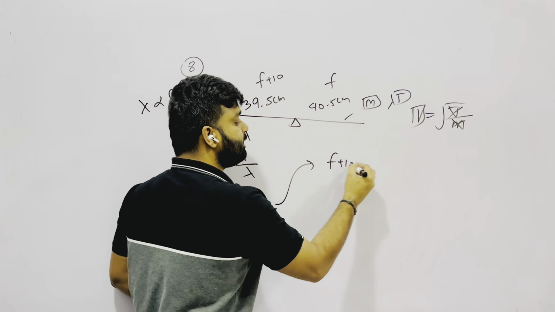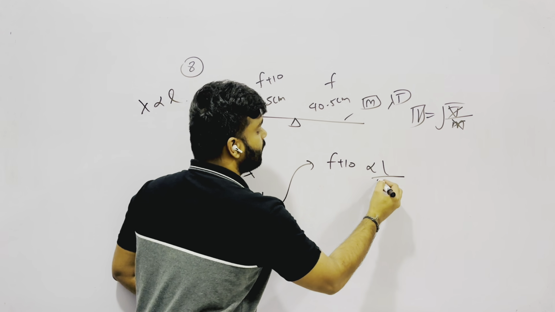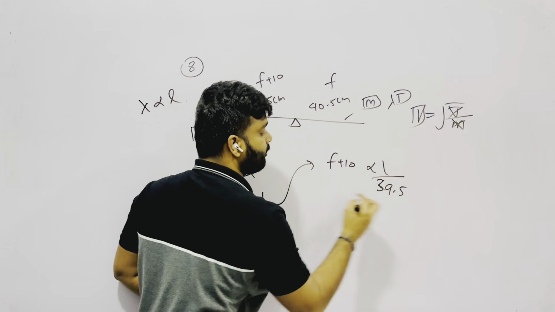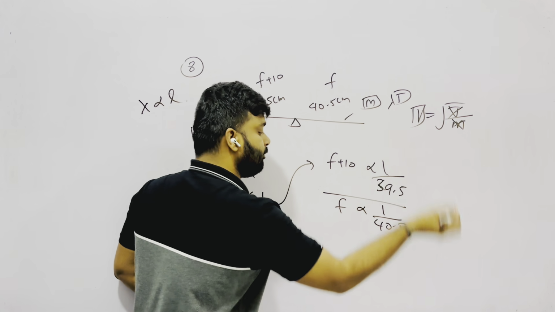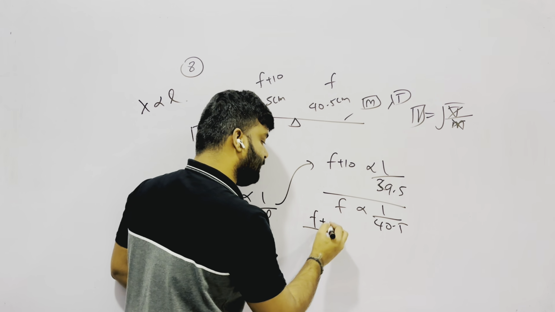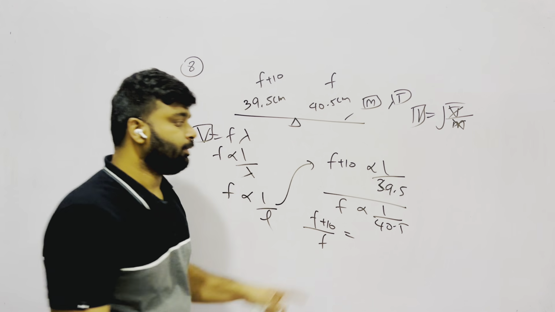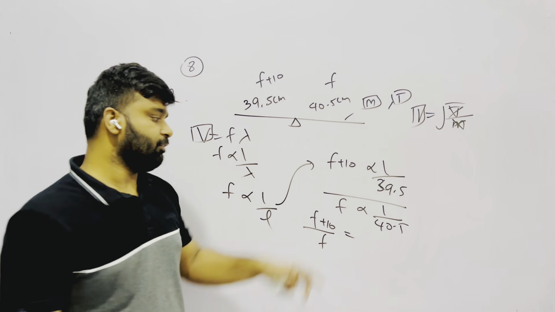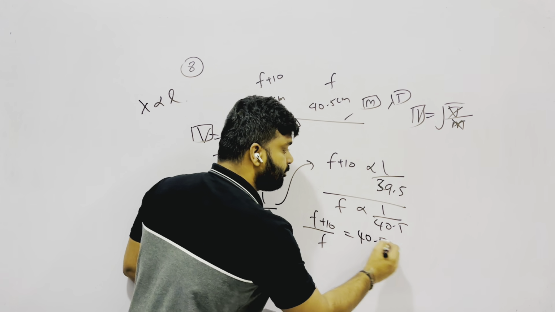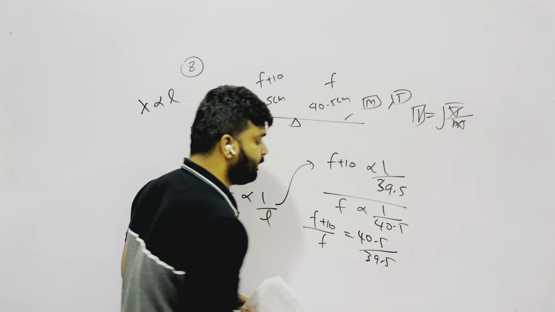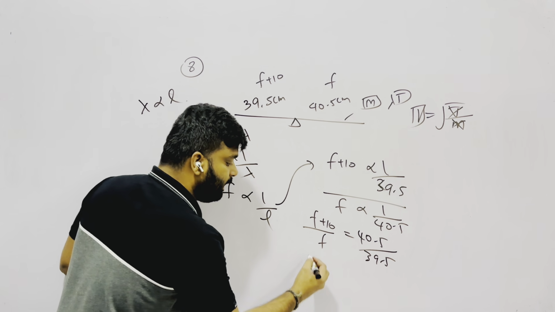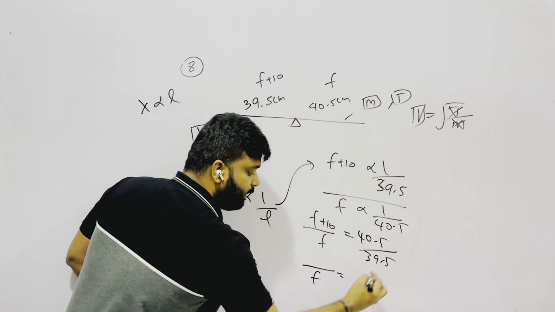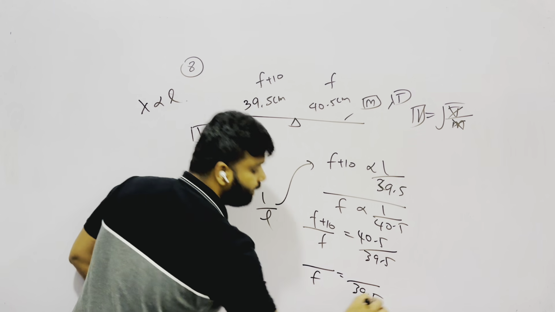F plus 10 is inversely proportional to 39.5. F is inversely proportional to 40.5. If you divide, F plus 10 over F is equal to 40.5 over 39.5. You can cross multiply and get the answer, or you can use the DC method. Keep the F itself and 39.5 will remain.